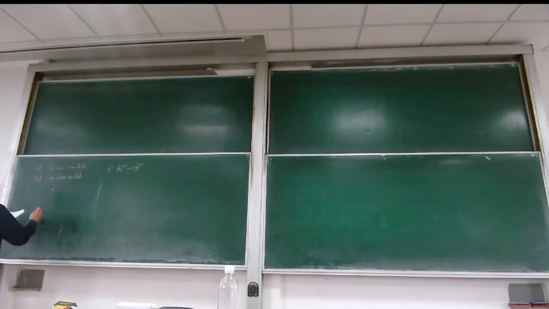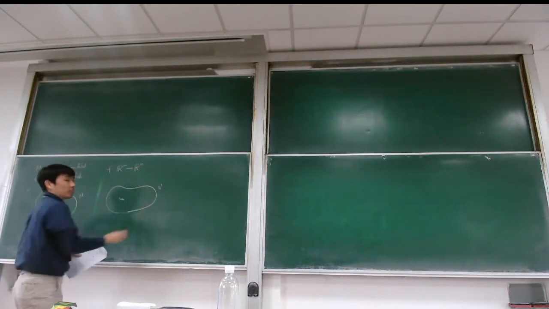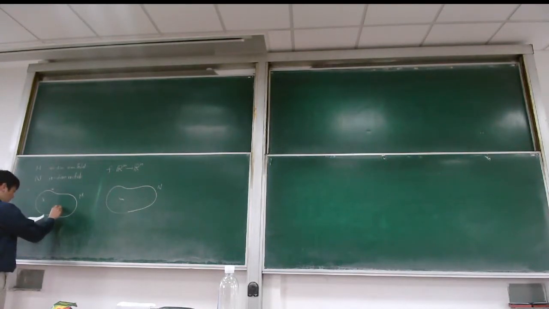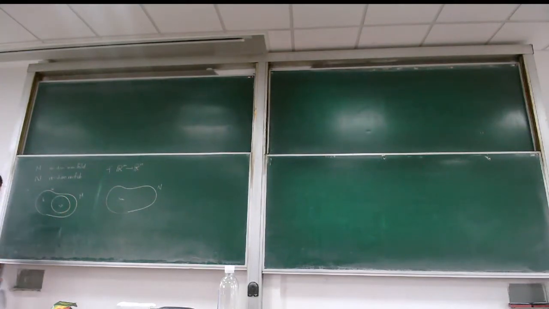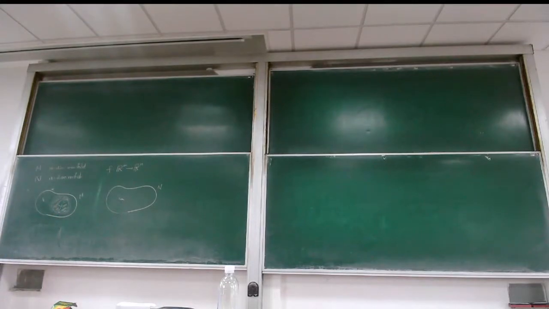So let's consider two manifolds. Let's call them M and N, whatever the manifolds are. Not necessarily two-dimensional, but just schematically I write down the shape of the manifold this way. Let's pick a point P here and look at an open neighborhood around the point P. Then we know that there is a chart.